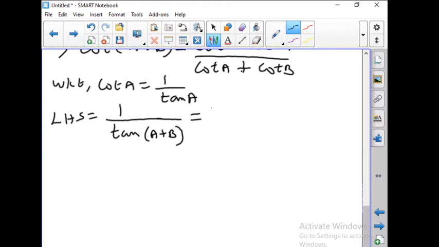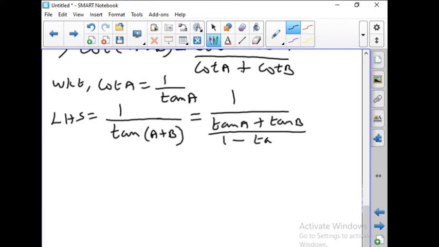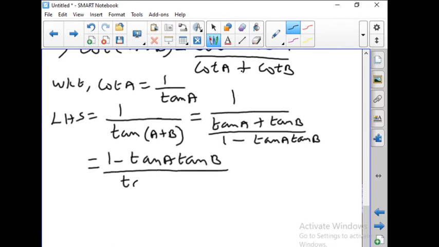So we get 1 by (tan A + tan B) by (1 - tan A tan B). So it is equal to (1 - tan A tan B) divided by (tan A + tan B).